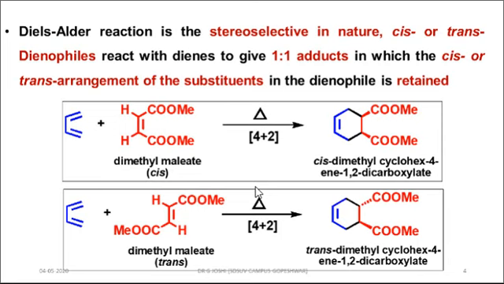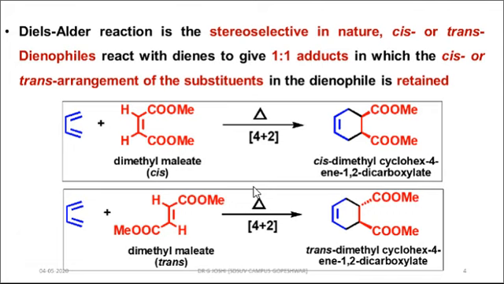The Diels-Alder reaction is stereoselective in nature also. According to the cis principle or syn addition principle, the addition of a dienophile to the diene component purely follows the syn mode of addition.